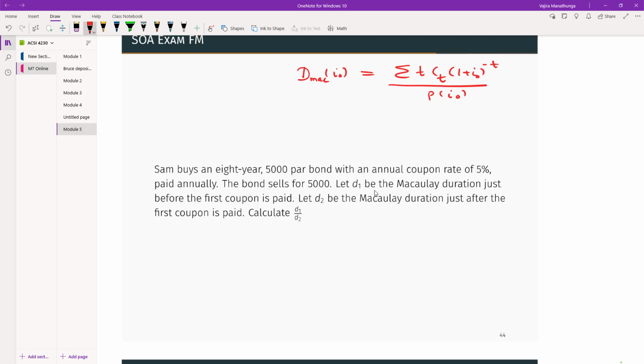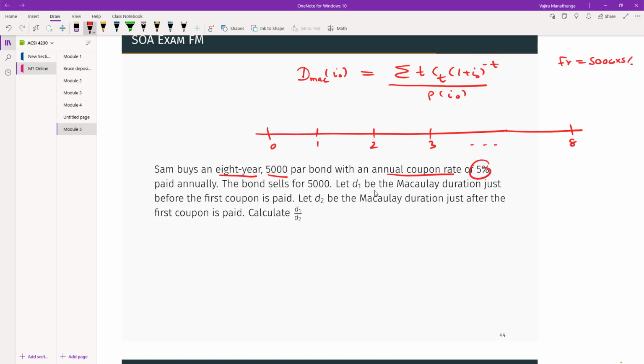If I draw the timeline, it's an 8-year bond with annual coupon. So I have 0, 1, 2, 3, all the way up to 8. The annual coupon rate is 5% on 5,000, so the coupon is going to be 5,000 times 5%, which is 250.